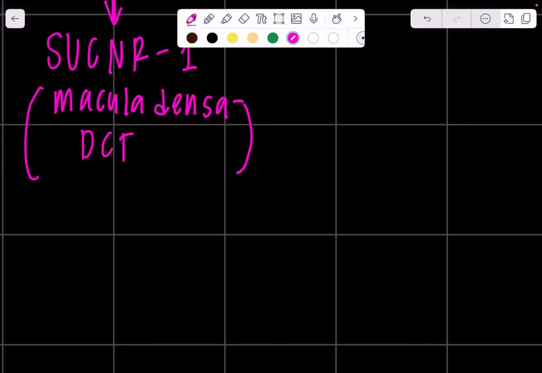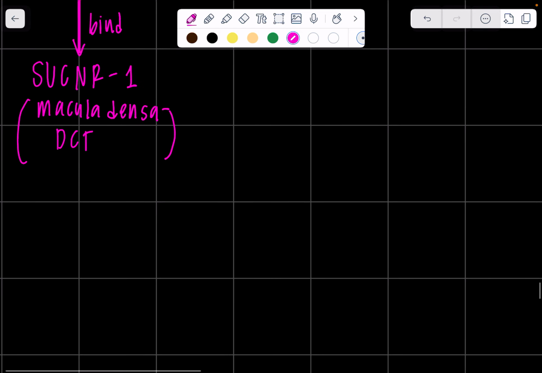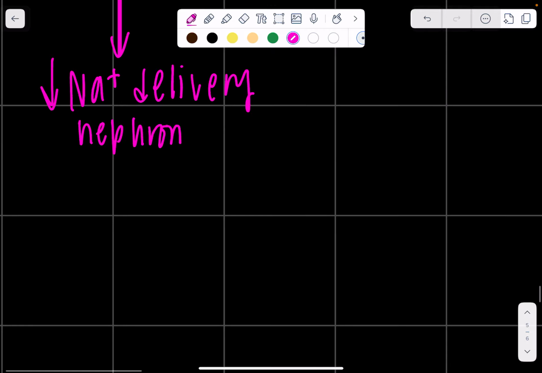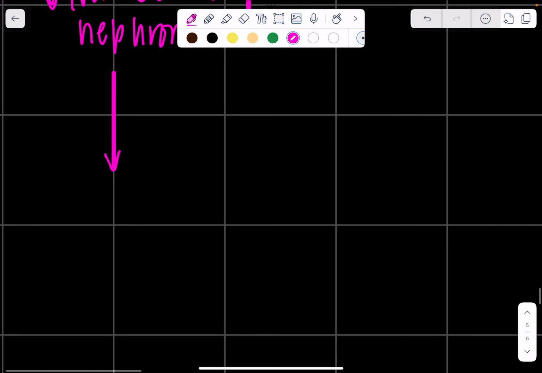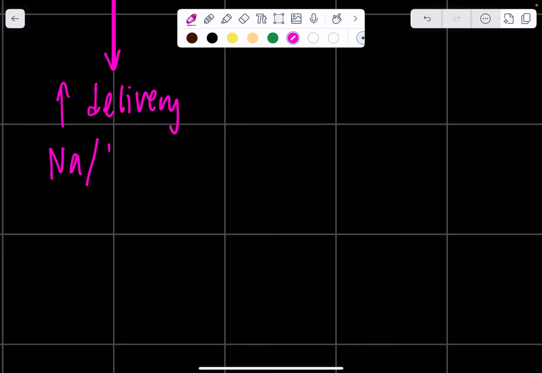So now that this happens, this binding will trigger decreased sodium delivery to the nephron, and instead the sodium is going to get diverted, with increased delivery to this sodium potassium chloride transporter, okay?